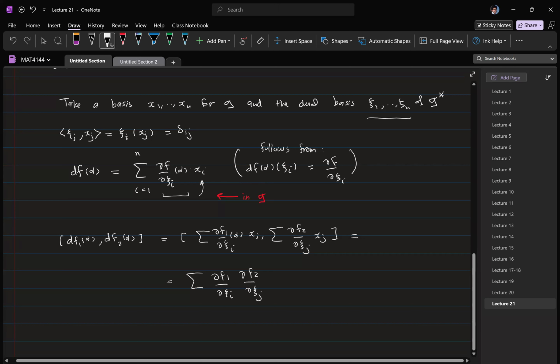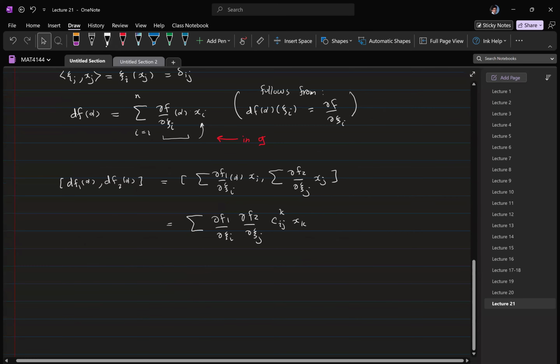And the commutator of xi and xj can be expressed as a linear combination of the xk's, all right? So I end up with Cijk xk, where the Cijk are just the structural constants of this Lie algebra. In other words, xi xj is equal to sigma k from 1 to n Cijk xk.